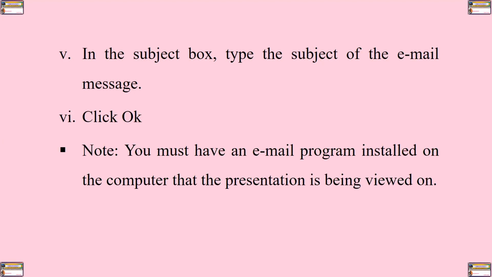Note, for this process to work, you must have an email program installed on the computer that the presentation is being viewed on. So if you click on a link and the computer you're using for your presentation does not have an already installed email program, you may not be taken to the specific email from where you can do the composing of your message.